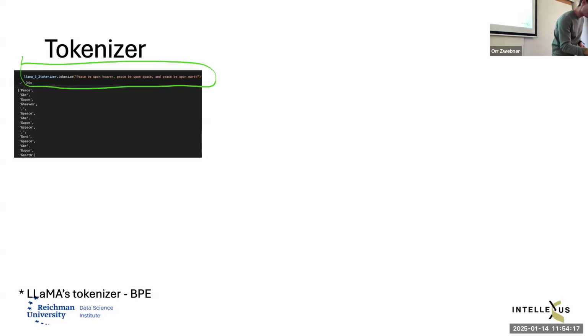Think about it as the Llama tokenizer, and I inserted here some sentence in English: peace be upon heaven, peace be upon space, and peace be upon earth. Just a general sentence that I took from the internet. And that's what you see over here. That's how the tokenizer of Llama, which is built according to byte pair encoding, which we saw, tokenizes. In that case, it pretty much segmented it only to words.